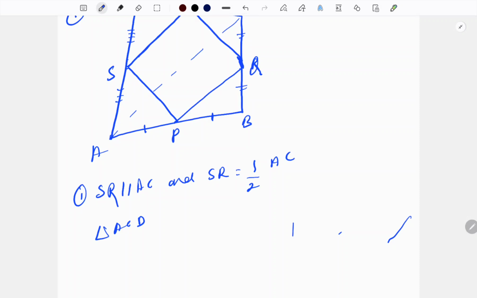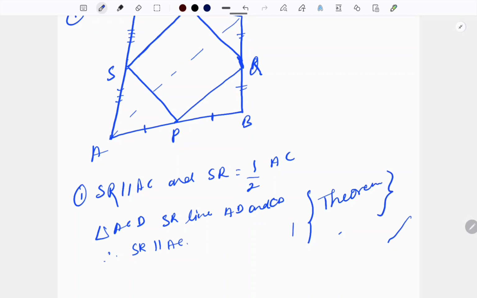In triangle ACD, SR is the line which bisects AD and CD, and therefore SR is parallel to AC. This is done. This is by theorem. It was very simple. Now it is asking to prove that SR is half of AC. Okay.